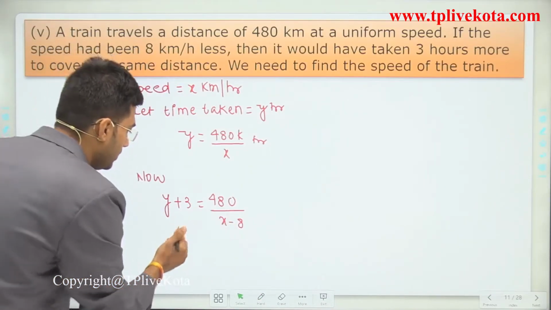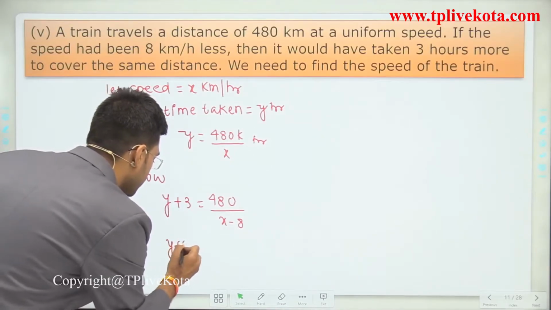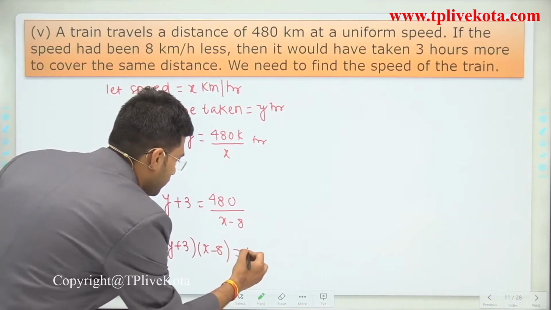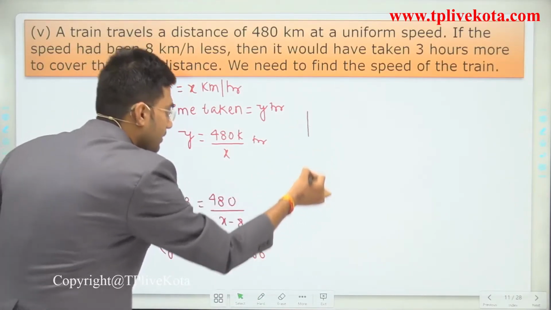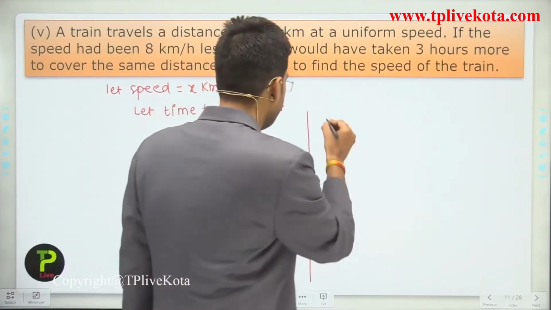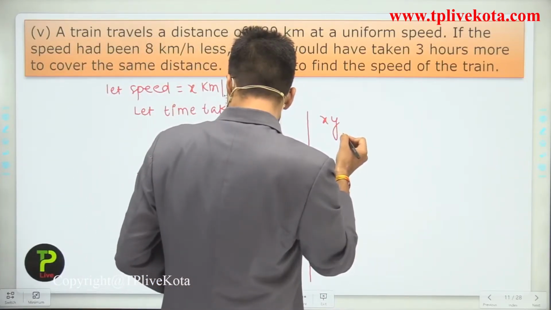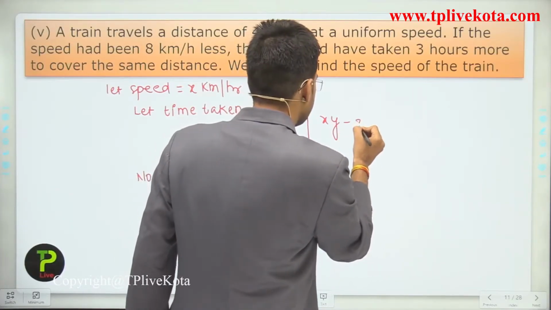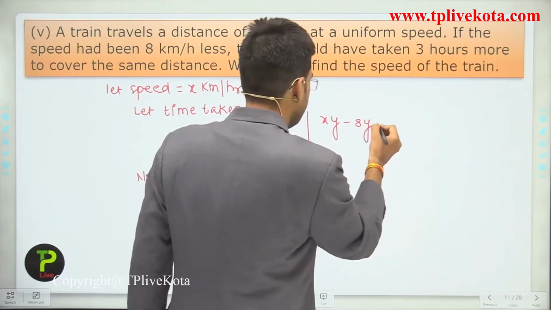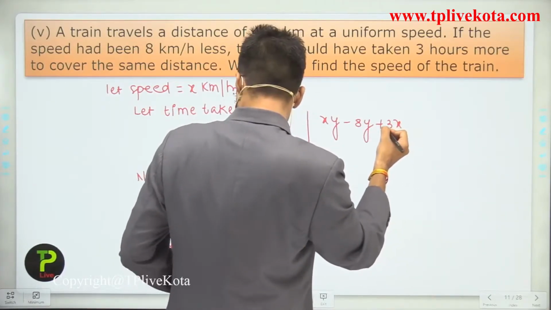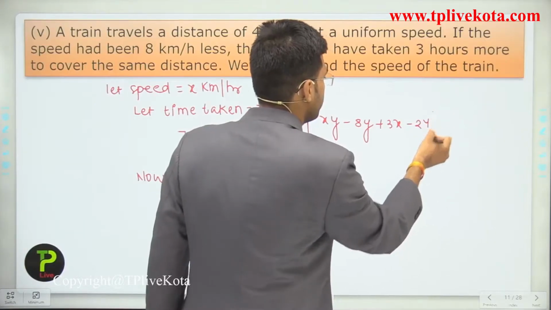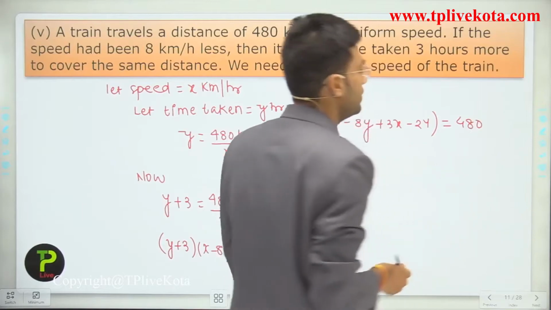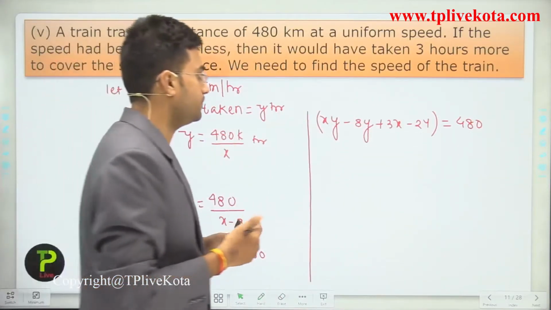Now when we solve this, what will we get? y plus 3 multiplied by x minus 8 is equal to 480, and when we solve this, we get xy minus 8y plus 3x minus 24 is equal to 480.